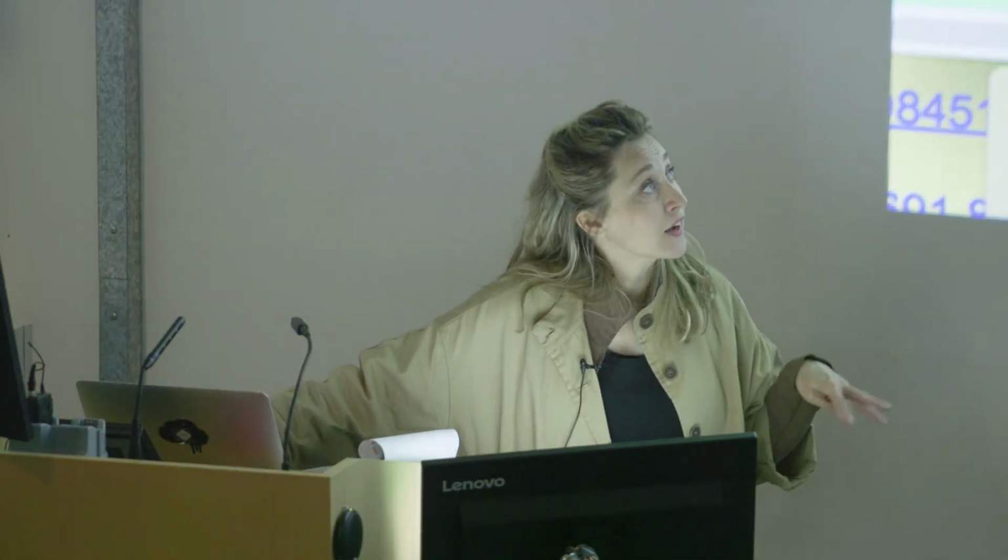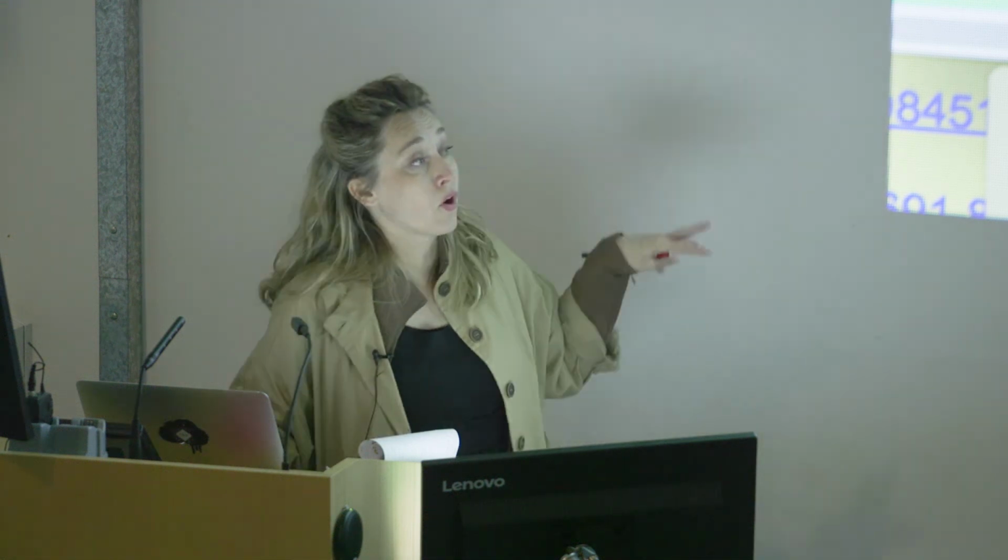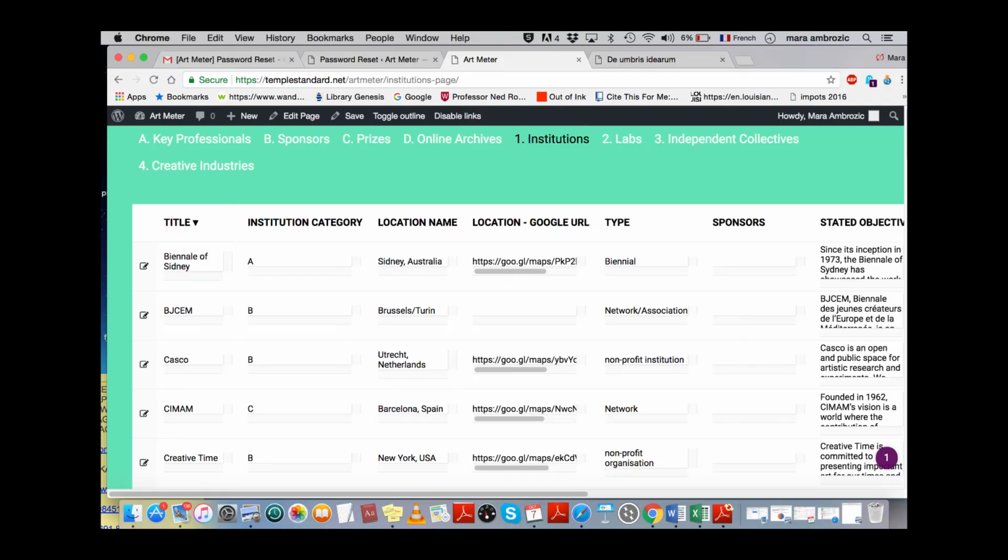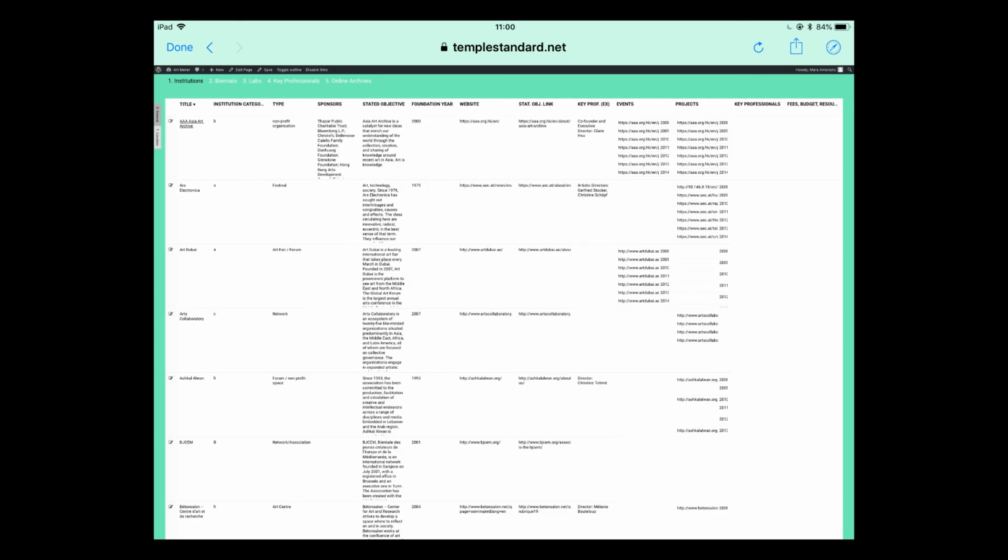So I never thought of doing an international research thing, but what I started to do is this interface that I call chronography of power, which is what we have just gone through with the diagrams, but systematized by looking only at institutions and biennials.